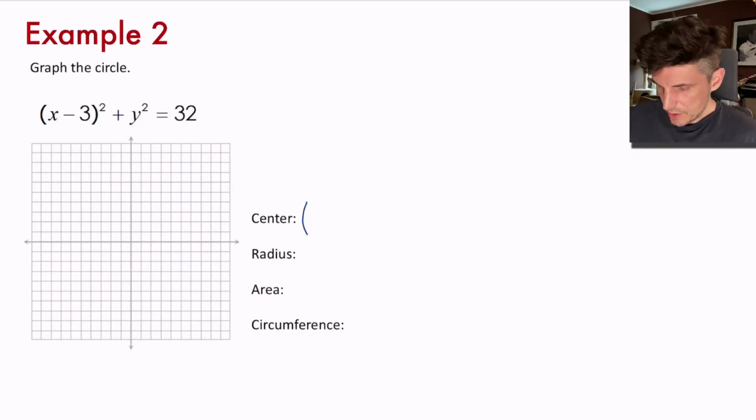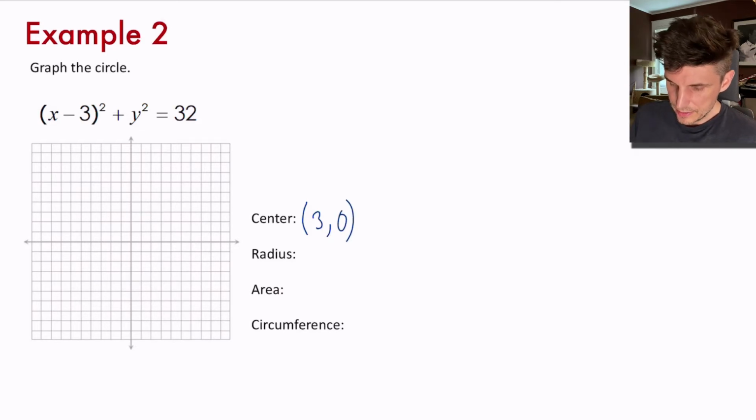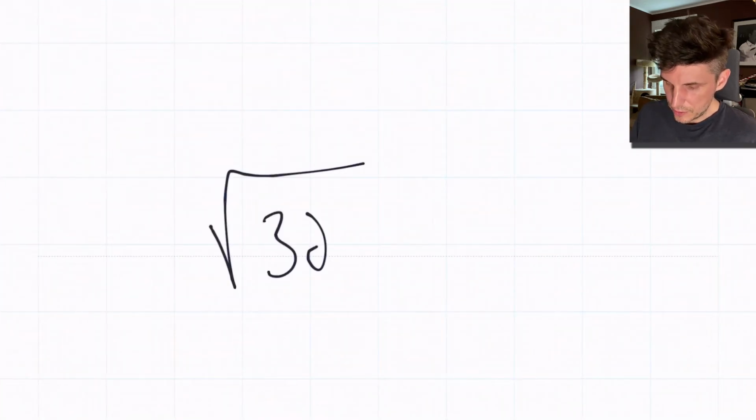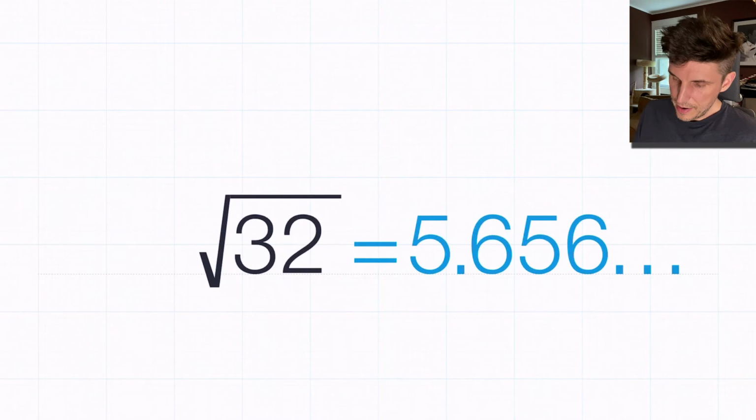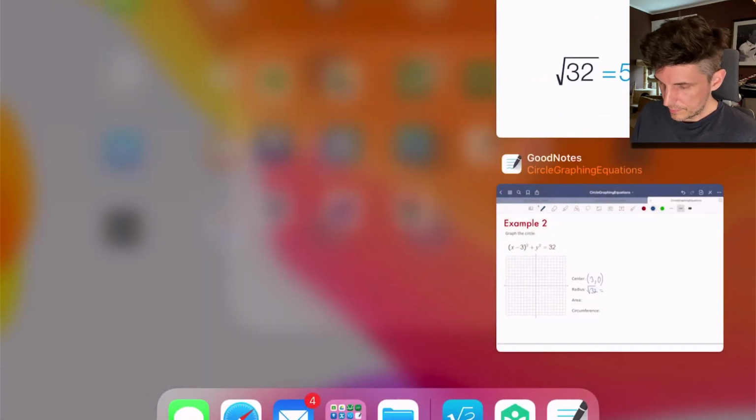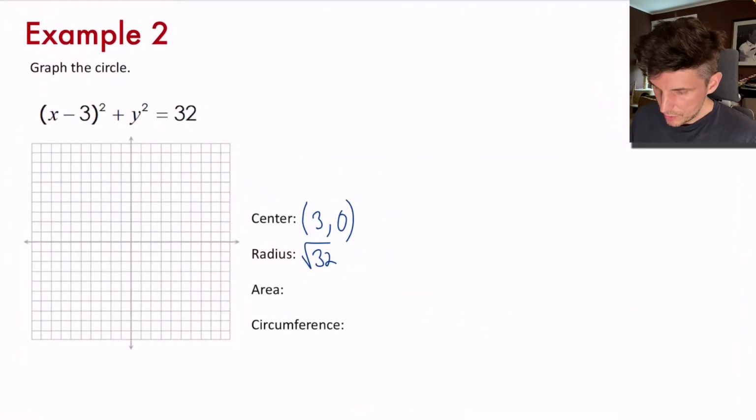Center is 3, 0, and the radius this time is going to be the square root of 32, which is equal to some decimal. So the square root of 32 is about 5.7.